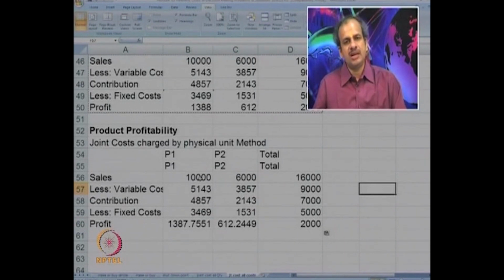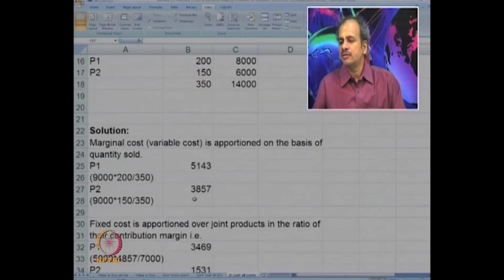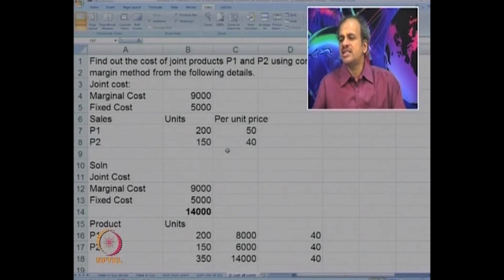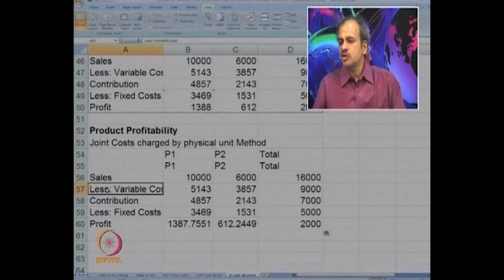So in the physical units method, the distinction of total variable and fixed cost won't be there. We will have to take the total joint cost which we have earlier calculated, that our joint cost based on number of units, 14,000, we will be able to charge 6 and 4. So now sales is 10 and 6.